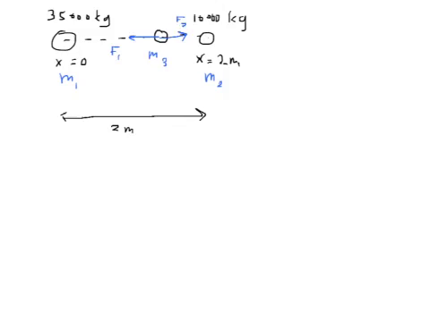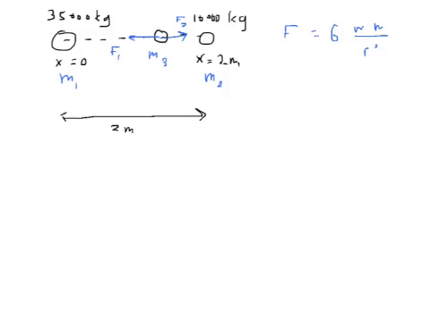And I'll call that the force F2. Now, F1 and F2 are both gravitational forces, so each of these is equal to, we can use the equation Newton gave us, which is G times the product of the masses, divided by the distance between them squared. So we're going to use this to find F1 and F2.